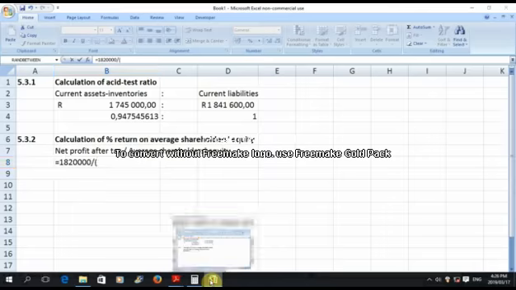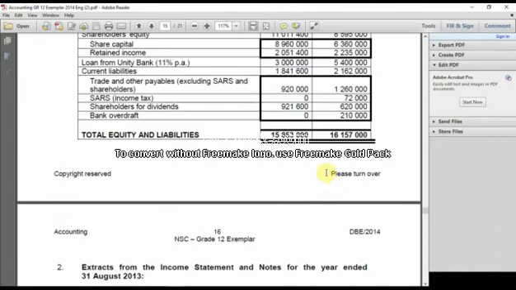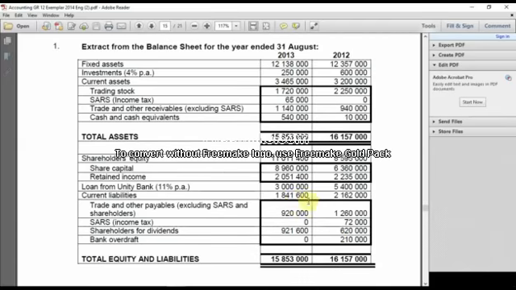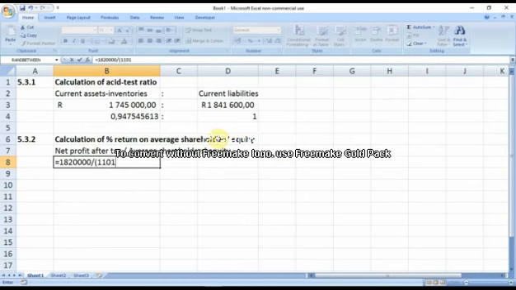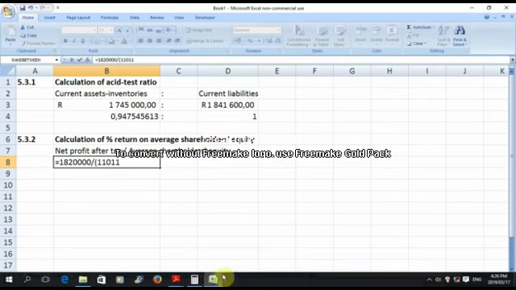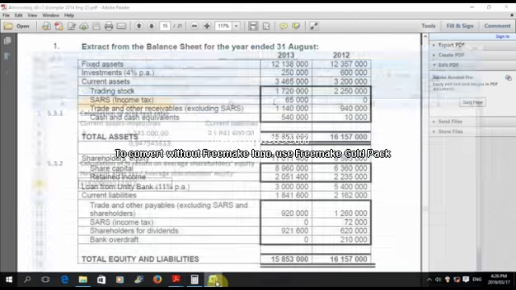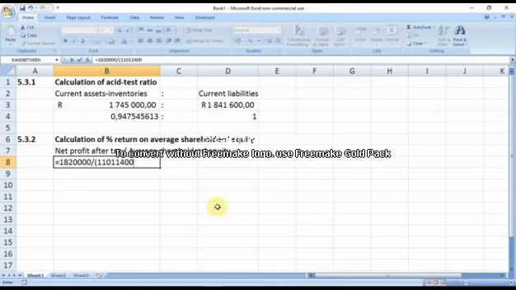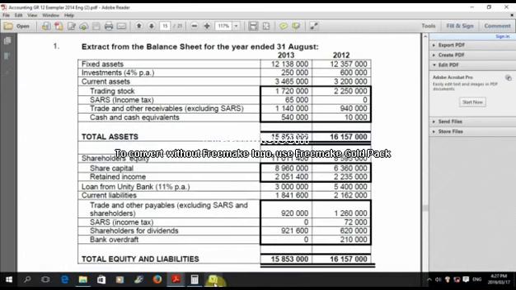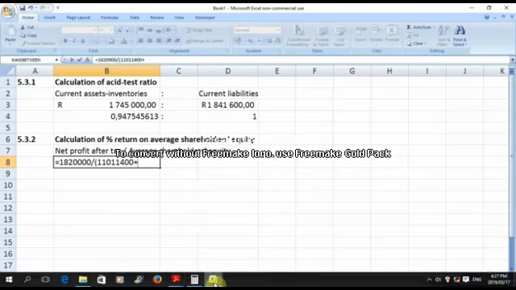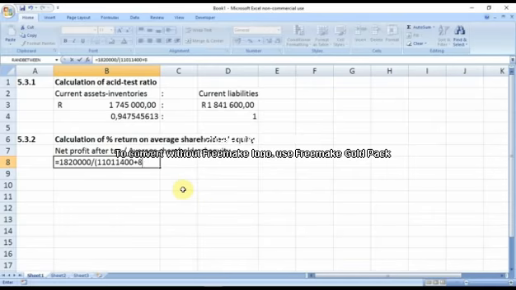Shareholders' equity we get in the balance sheet. So we need to browse up to average shareholders' equity. So we have 11,011,400, and we have to add to that the previous year's 8,595,000.